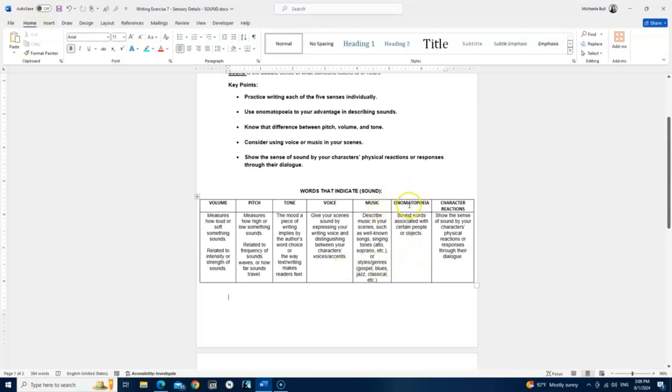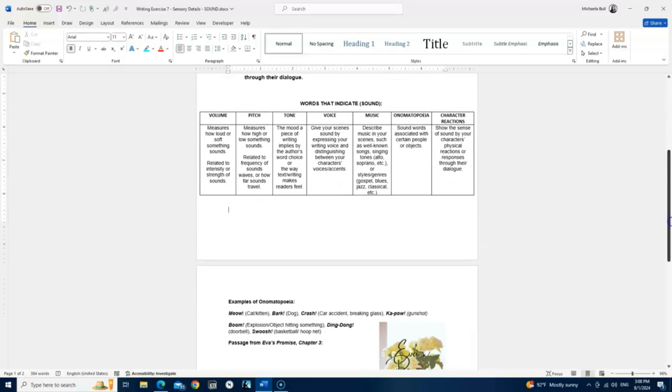In the next column, I have onomatopoeia, which are words associated with certain people or objects. Below here, I just have some examples of onomatopoeia, such as meow for a cat or kitten, bark for a dog, crash for a car accident or breaking glass, kapow for a gunshot, boom for an explosion or object hitting something, ding dong for a doorbell, and swish for like a basketball going through a hoop net.